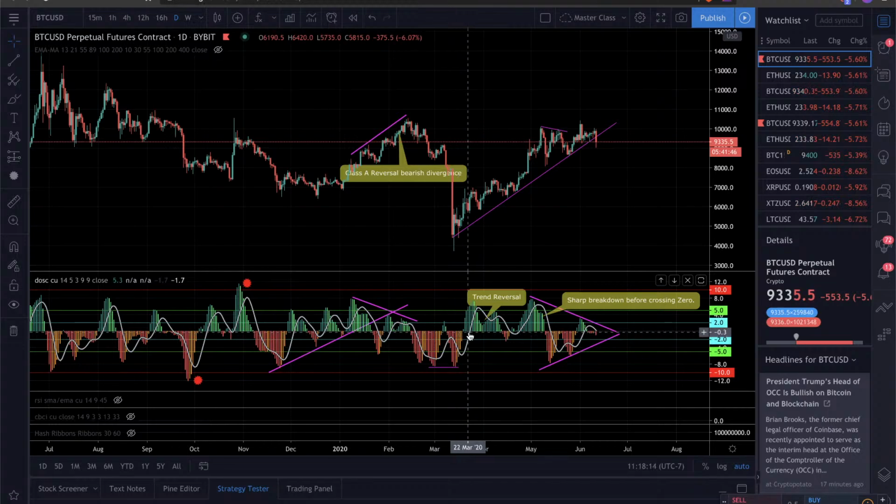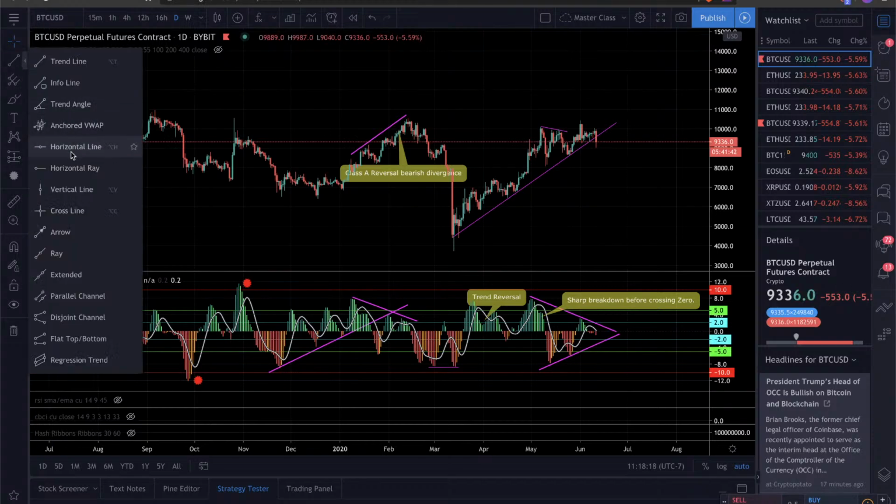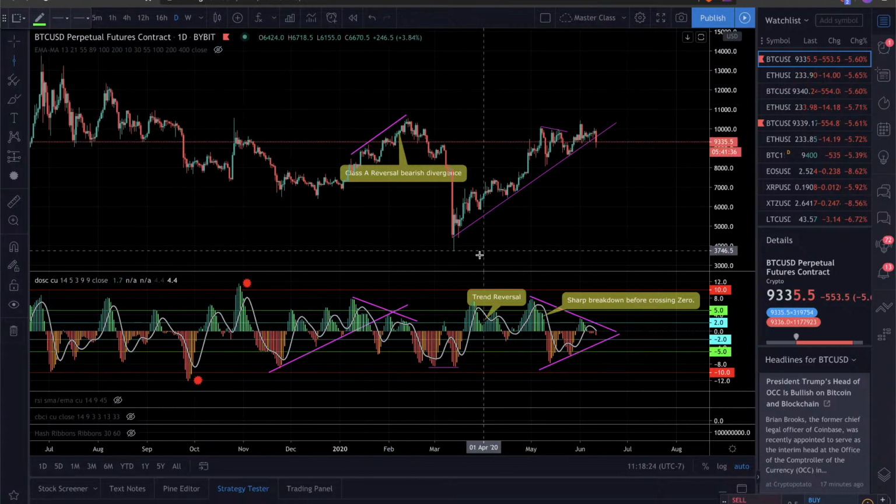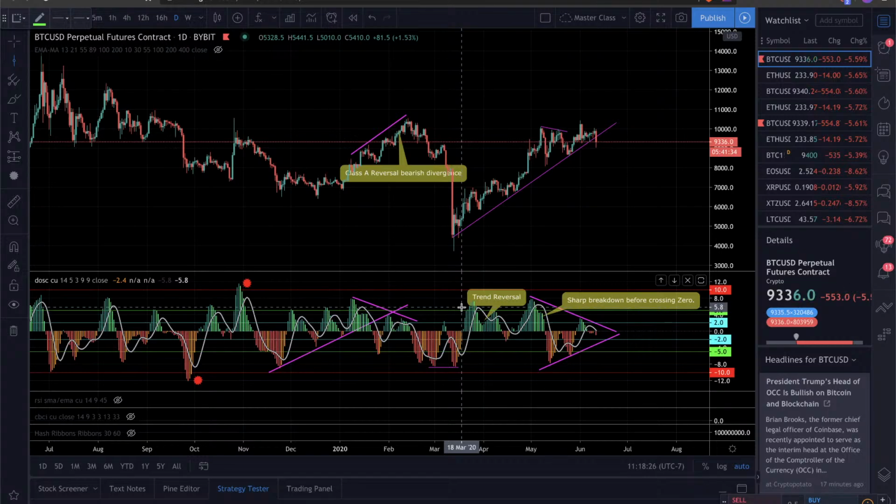But a lot of the strategies you're going to find will tell you that whenever it crosses zero, like the example right here, as soon as it crosses zero, it's going to tell you to go long.